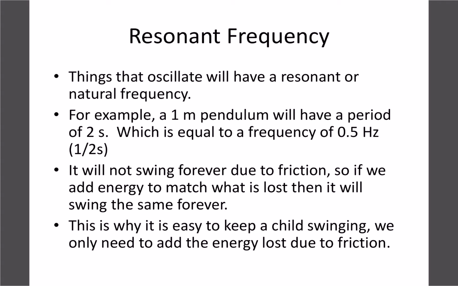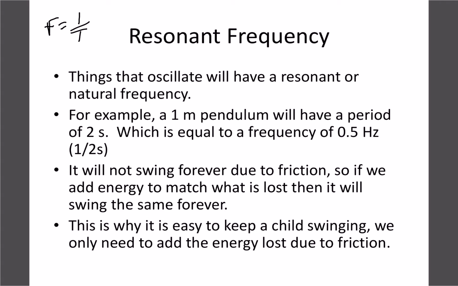So if we take a pendulum that's 1 meter long and we swing it, it's going to have a certain period or a certain frequency. So if we match that frequency, so for example, if we had a period of 2 seconds, the frequency, remember, is 1 over the period. So the formula from frequency to period is just the flip of it, the reciprocal.